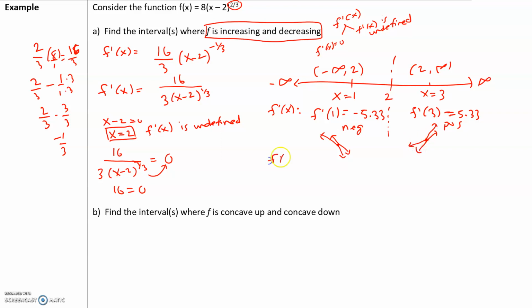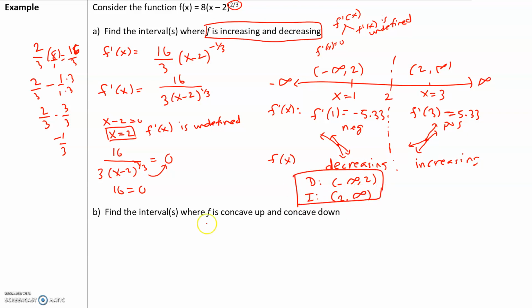So we're going to make a conclusion about f of x. In the first interval, this is decreasing. Second interval, this is increasing. Okay, so f is decreasing on the interval negative infinity comma 2, and increasing on the interval 2 comma infinity.